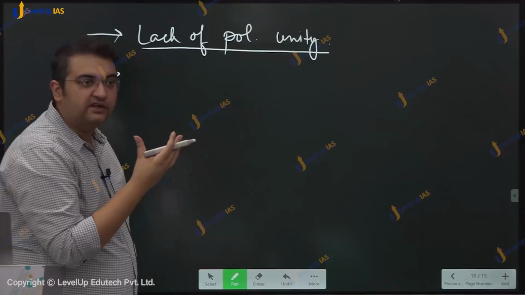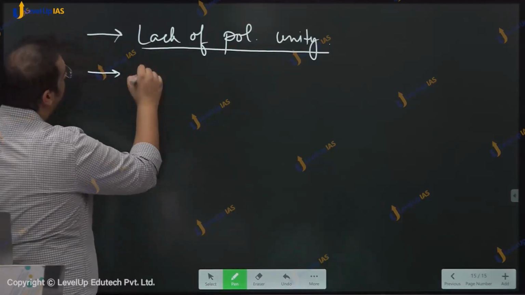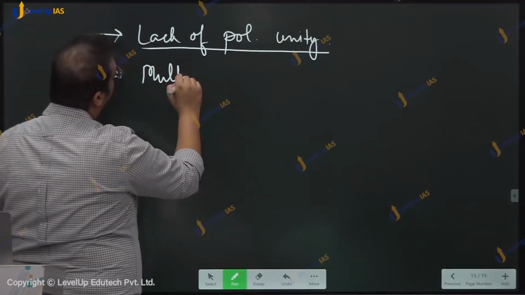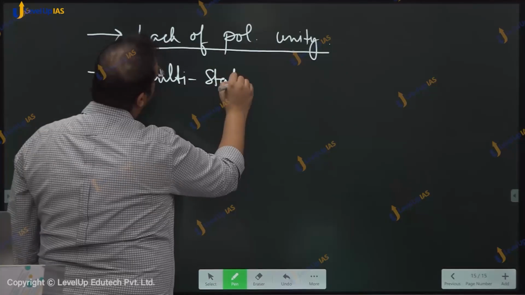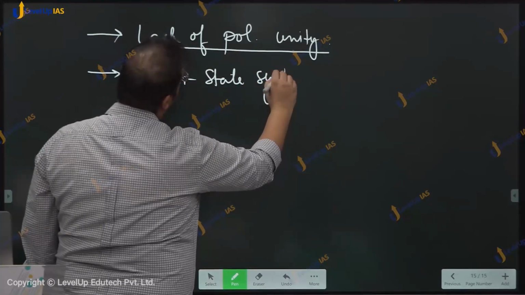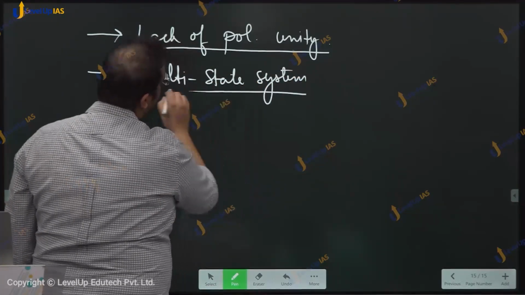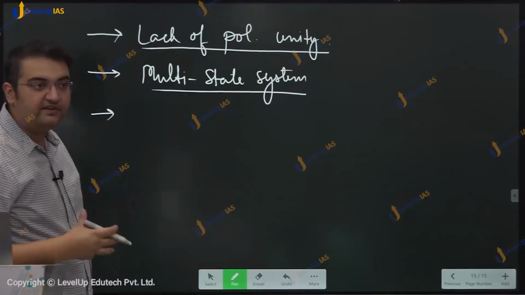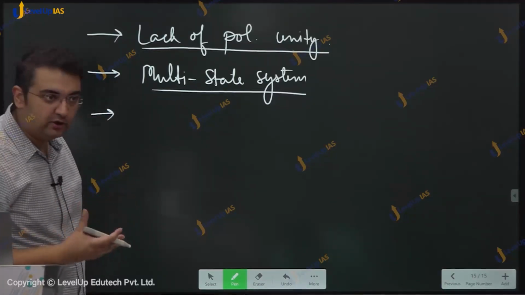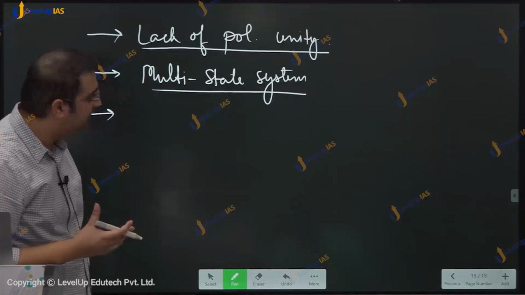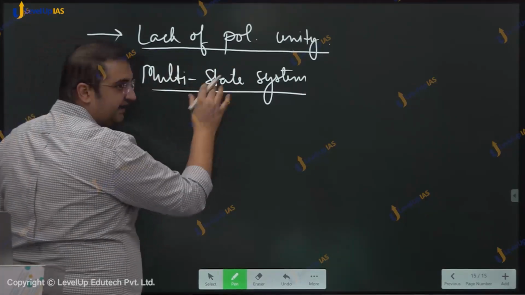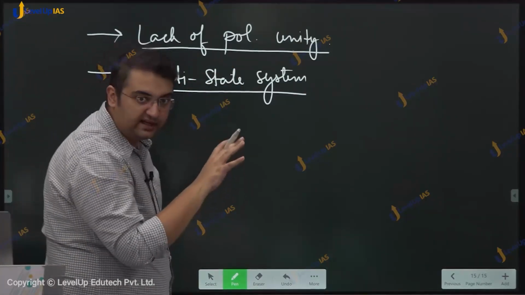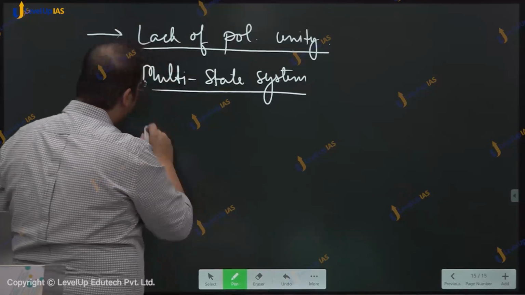Instead of a strong centralized empire, a multi-state system had emerged in the backdrop of the highly feudal socio-economic and political setup. These kingdoms were at constant war against each other.